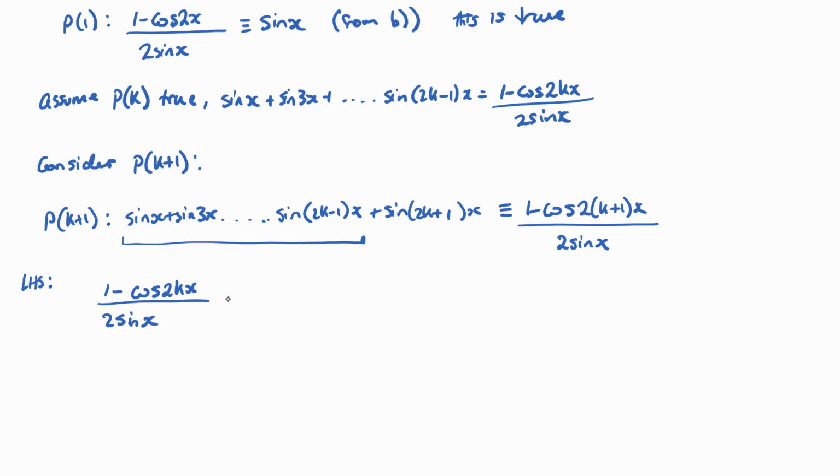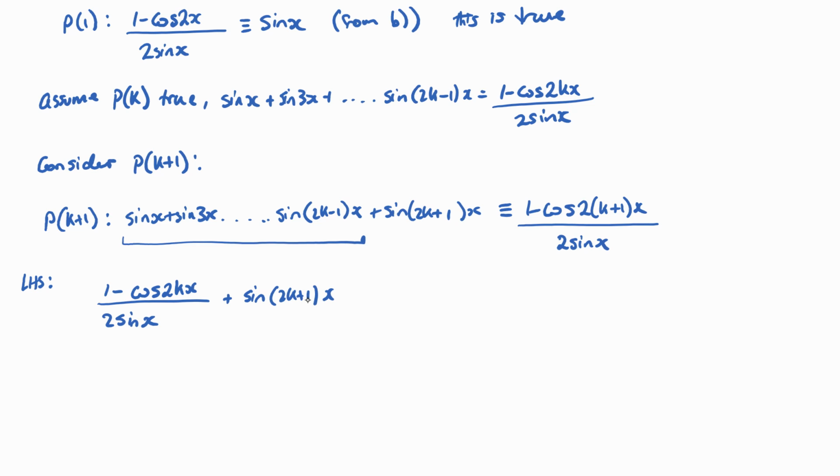And then if I add plus sine of (2k plus 1)x, I know that all of this was proven before. That's the assumption of the truth there for P of k. So I can change my expression to all of this plus sine of (2k plus 1)x.